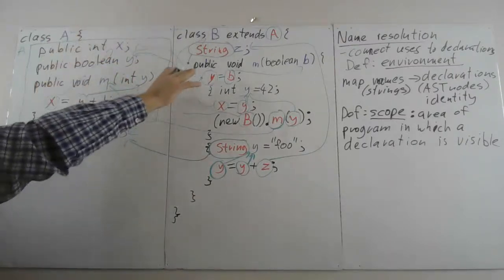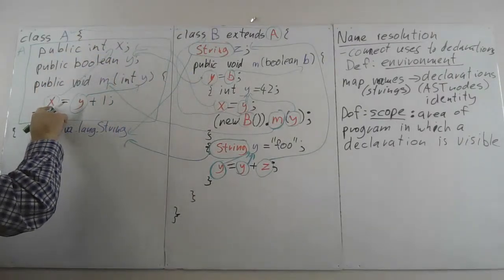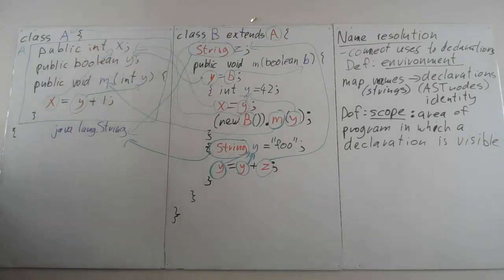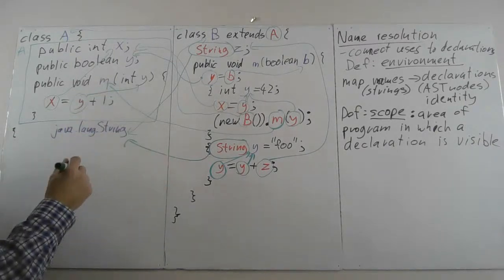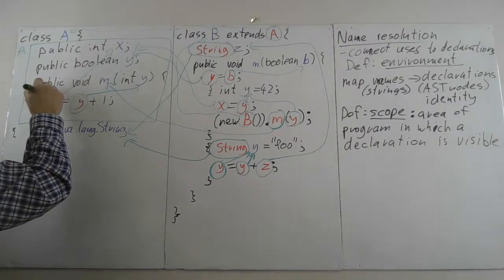So anywhere inside here, I can say things like X and refer to that field X, right? And I can have other scopes inside that scope.